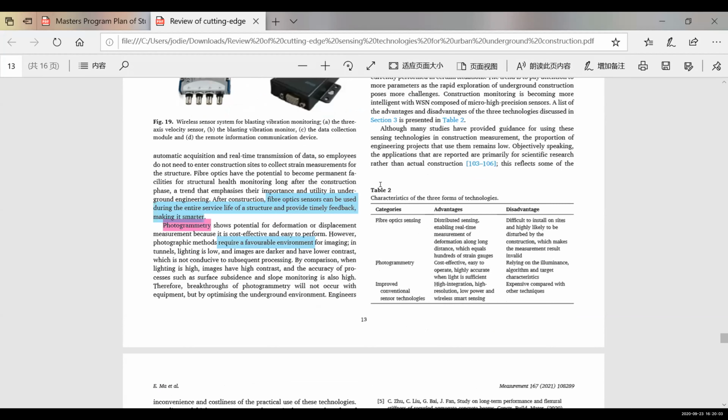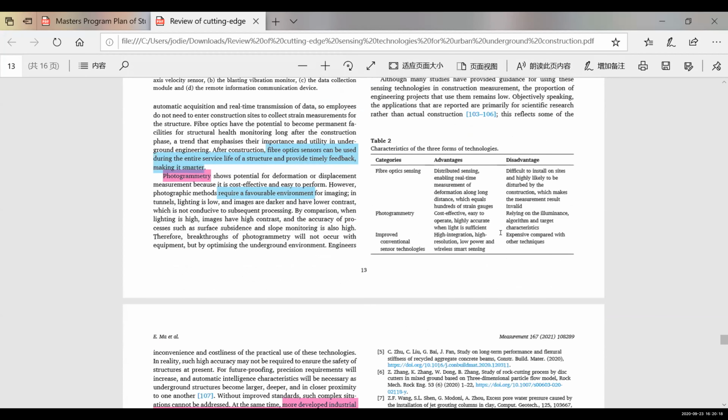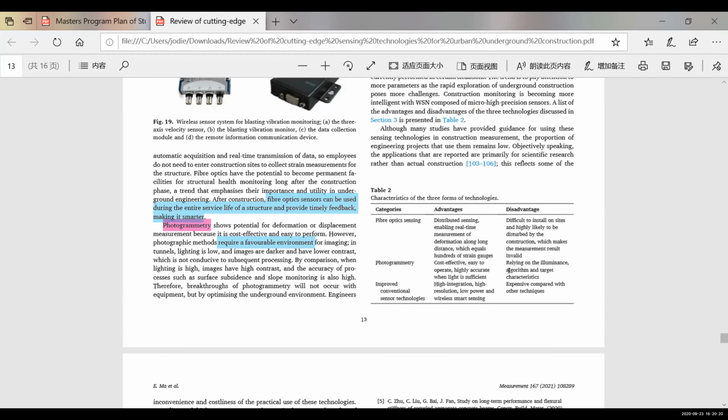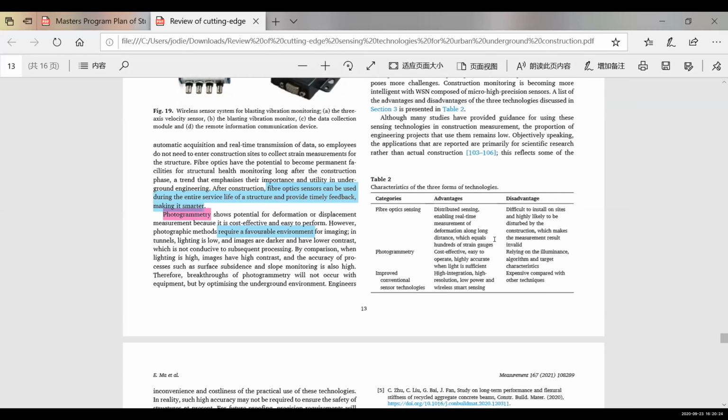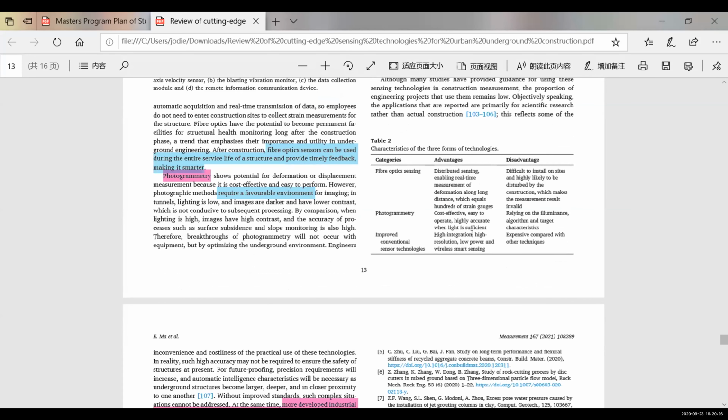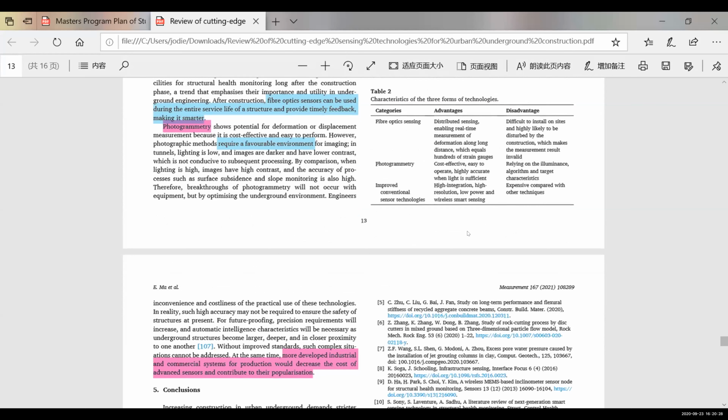And here are the advantages and disadvantages of fiber optic sensing, photogrammetry, and the improved conventional sensor technologies. But the technologies talked about here are not widely used in underground construction due to cost or some other reasons.